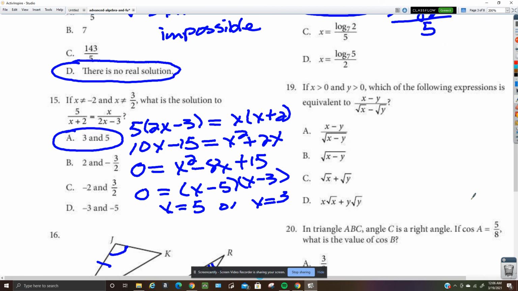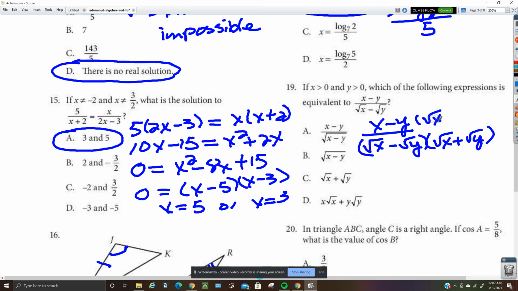So which of the following expressions is equivalent to this here? So this is rather messy here. So what you need to do is to multiply by what they call a conjugate here to get rid of this messy denominator. I want to do the same thing up here.